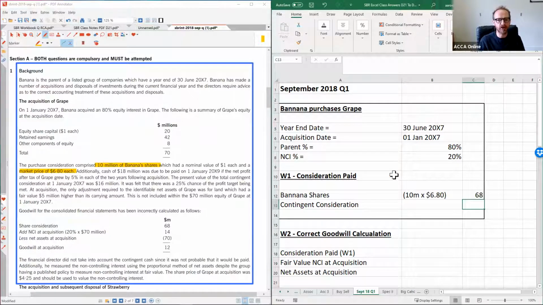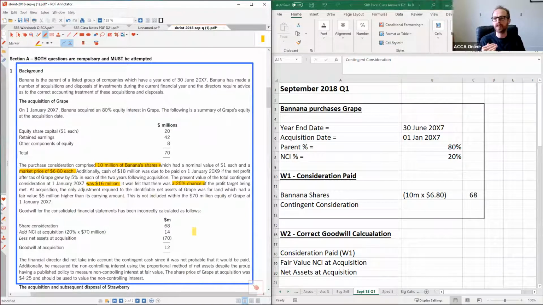And we've got the contingent consideration. We're told that an 18 million amount would be paid if the net profit grew by 5%, and the present value was 16 million. There's a 25% chance that we would pay it. We know it would have to be the present value, because it doesn't matter what you're actually going to pay, it would need to be discounted.